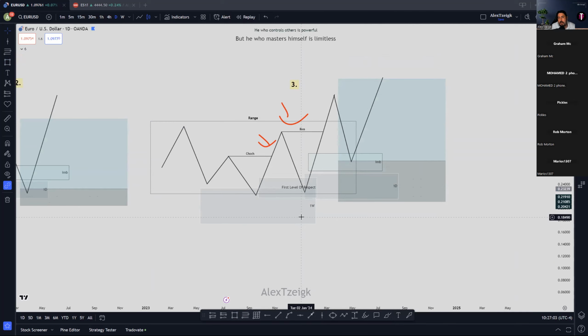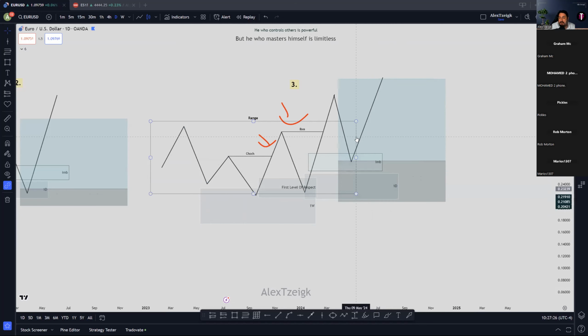Okay. I will never go in depth in Wyckoff because I'm sure that you will all be 100% confused. I don't want you guys to be confused. But this, my friends, is accumulation. And we are playing the breakout.